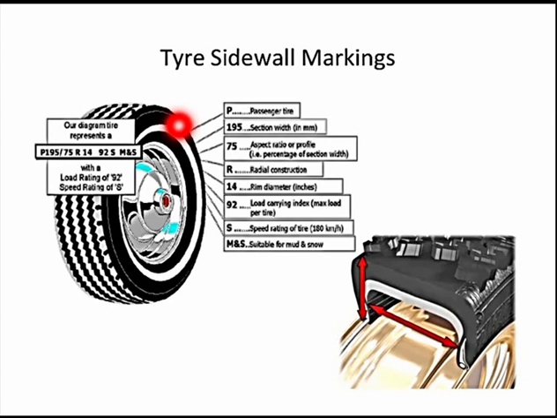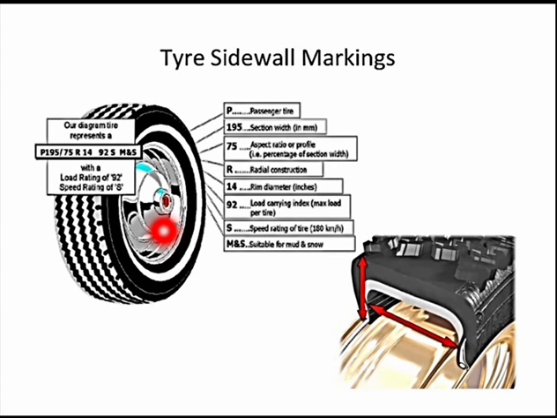So P represents passenger car, 195 is the section width, 75 is the aspect ratio of the profile, R represents radial tire, and 14 is the rim diameter. 92 represents the load carrying index, which is an important thing: the maximum load per tire.